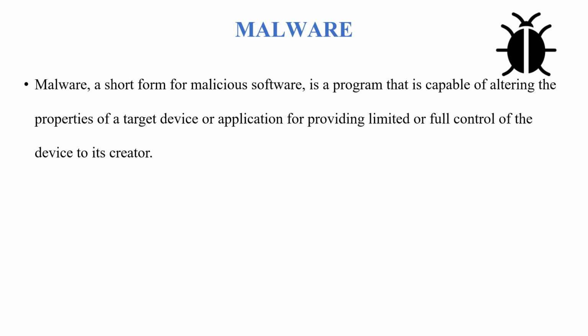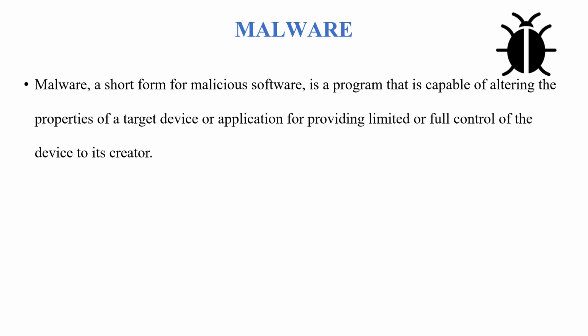What is meant by malware? Malware, a short form for malicious software, is a program that is capable of altering the properties of a target device or application for providing limited or full control of the device to its creator. So in short, malware means malicious software.